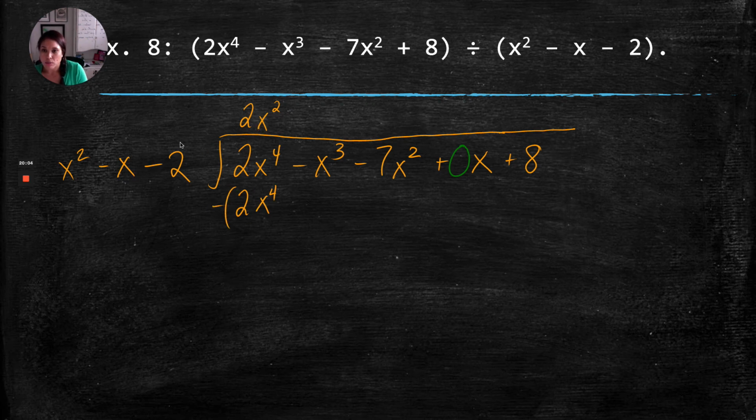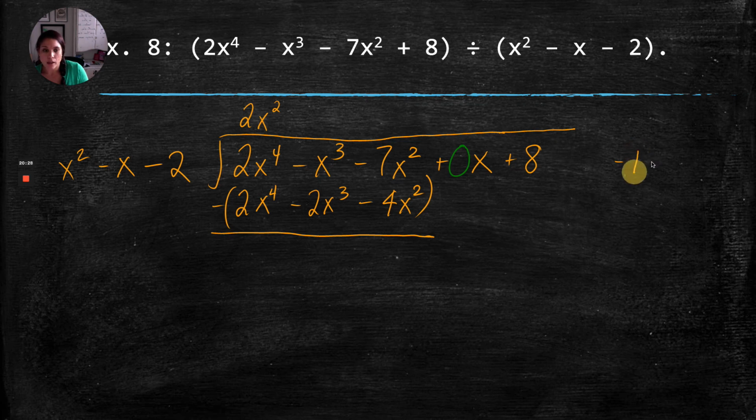And then I'm going to multiply this by my other terms. 2x squared times negative x is negative 2x cubed. 2x squared times negative 2 is negative 4x squared. Now let's subtract. So I encourage you to work off to the side.